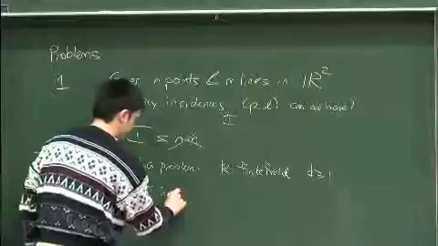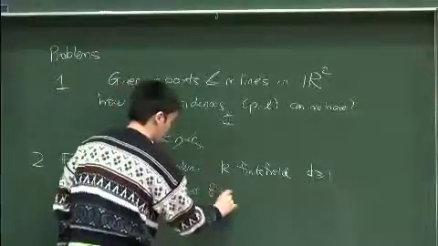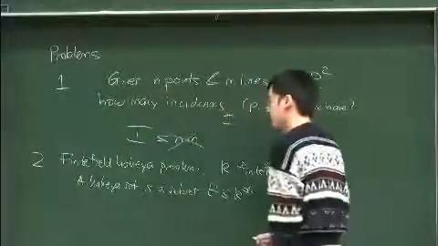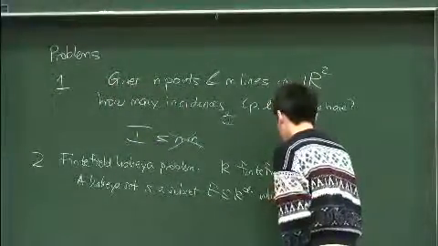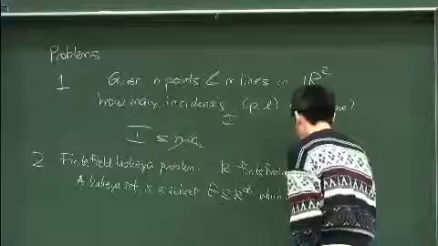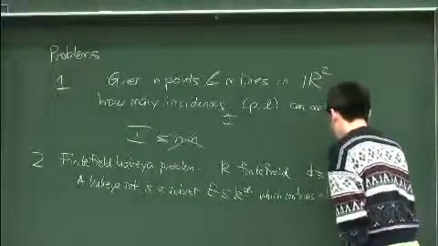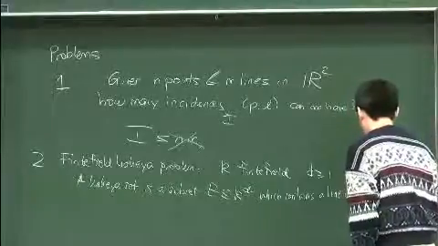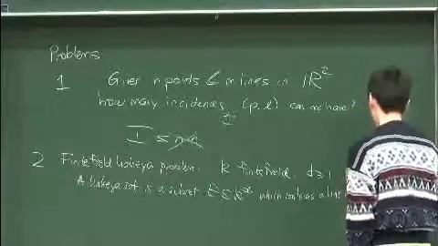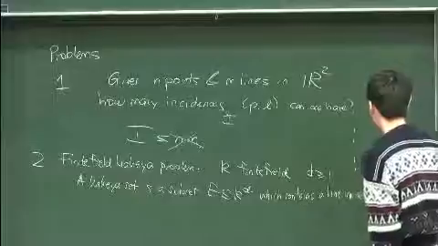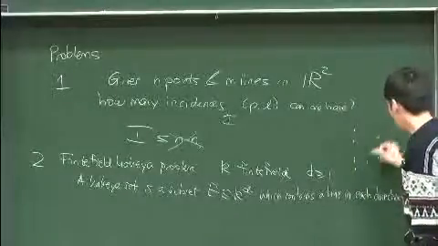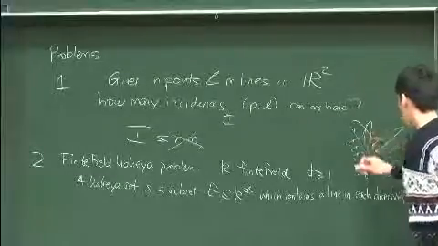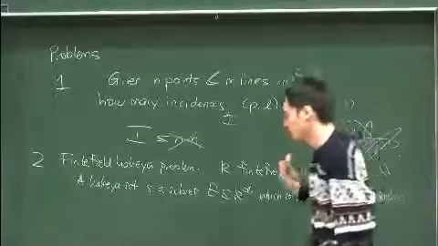It's a subset E of this finite geometry K to the D, which contains a line in every direction. So you have your finite geometry, okay, and in every direction you pick some line, okay, and you take all those lines together, and this will give you a Kakeya set.